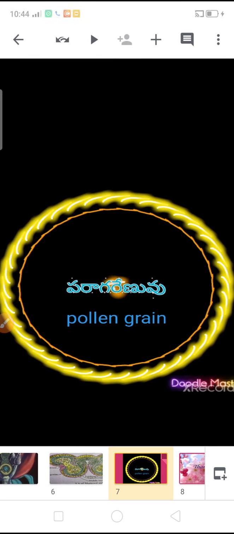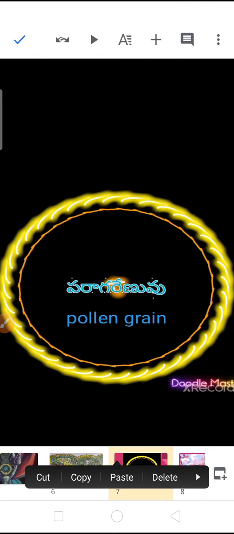The outer layer of the microspore is made up of pectin and the inner layer is made up of cellulose. The outer layer consists of sporopollenin, which checks the natural decay of the pollen grains. It is due to the sporopollenin that pollen grains get preserved during fossilization.